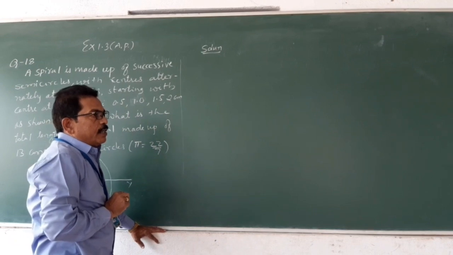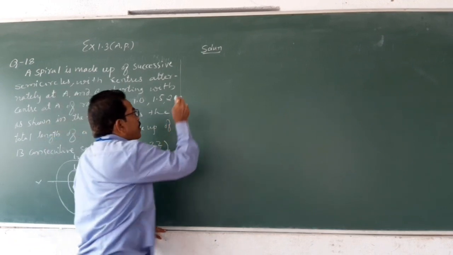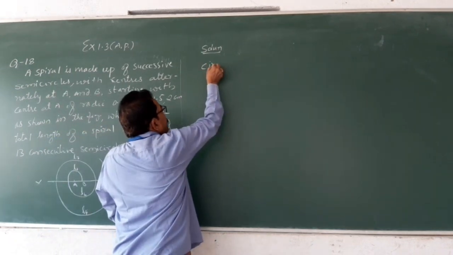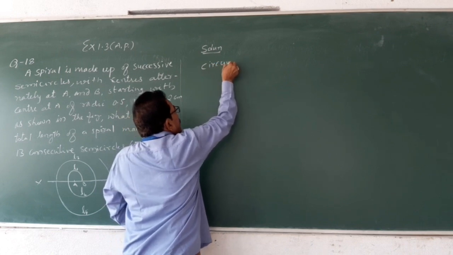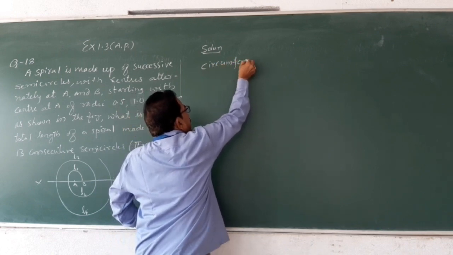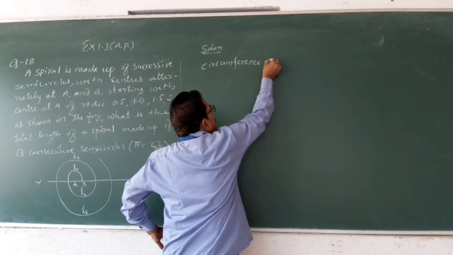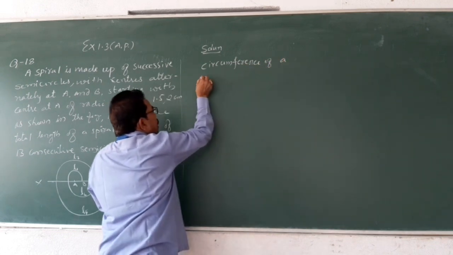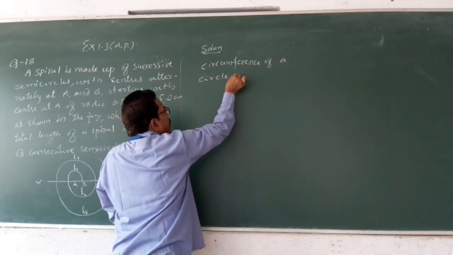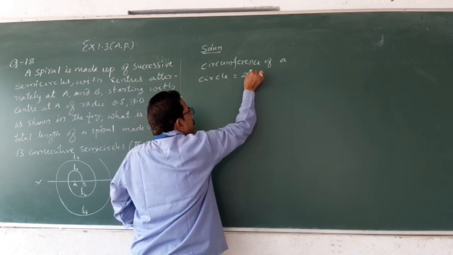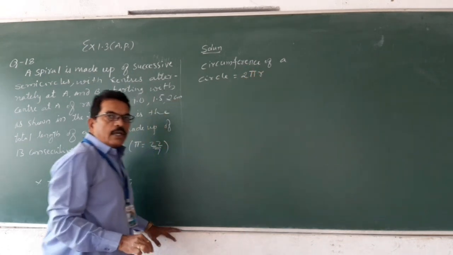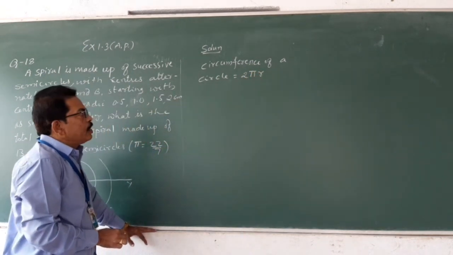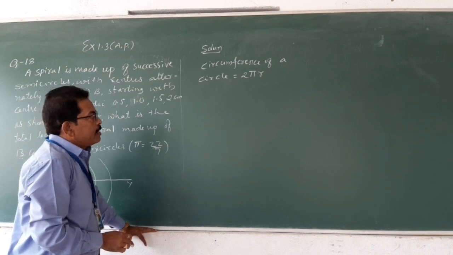See, circumference of a circle equals 2 pi r.